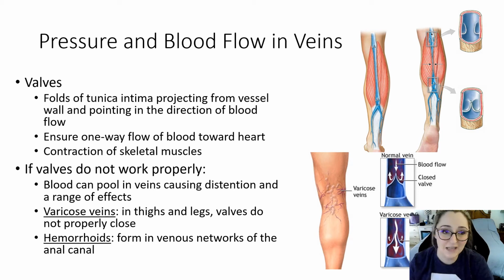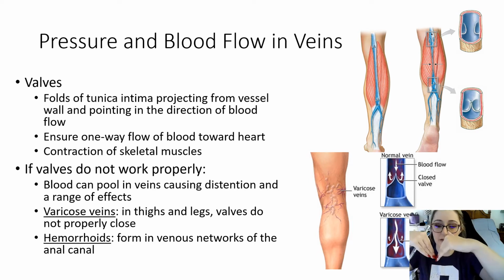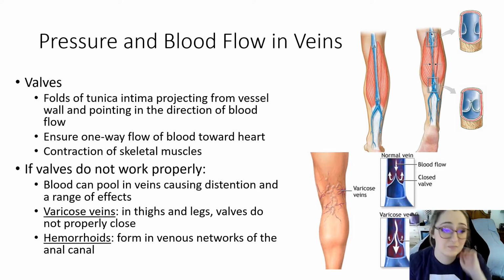It's just the inner lining of veins, and the valves are going to be pointing in the direction of blood flow. You don't want the blood flowing down this way and the valves pointing up this way. Blood would get trapped in that little crevice there. So they are pointed in the direction of the blood flow so that everything is nice and streamlined coming in.